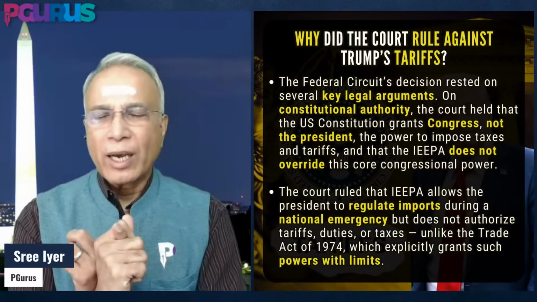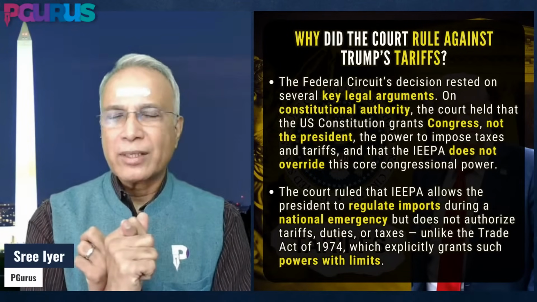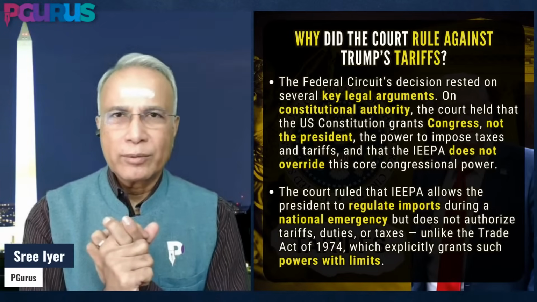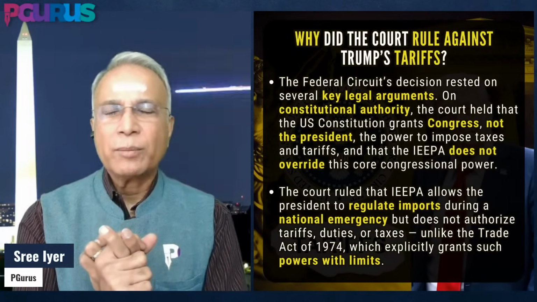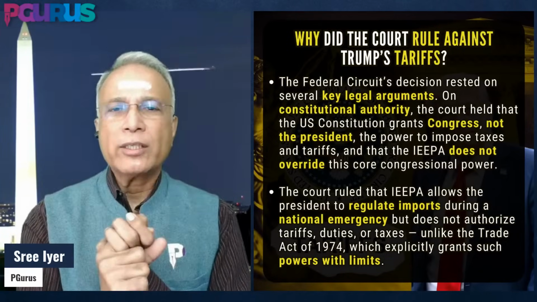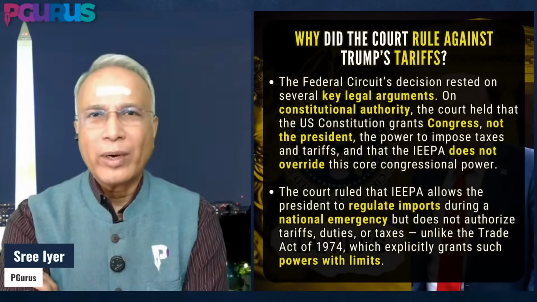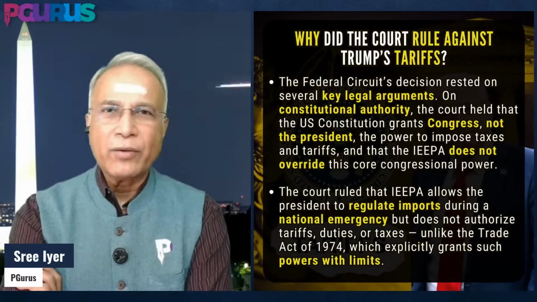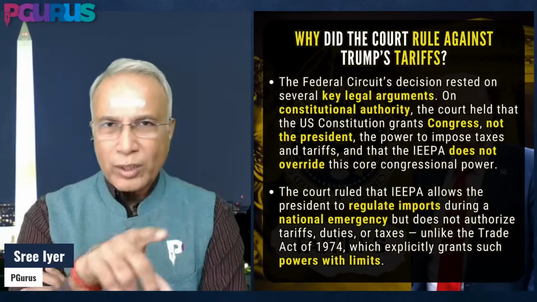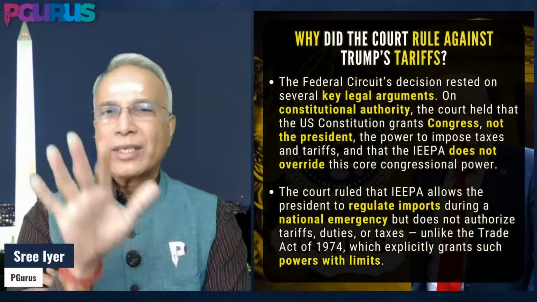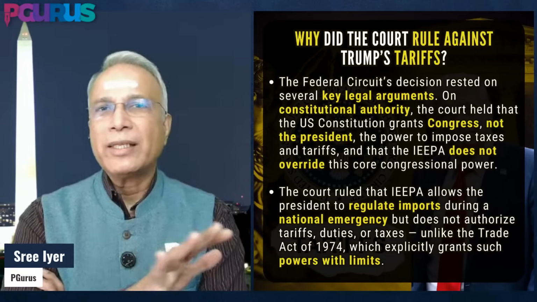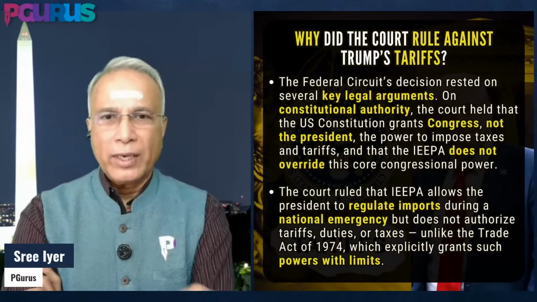The Congress is the one that appropriates money for various initiatives. The Congress is the one that sanctions the president to go to war with other countries. Same way, the Congress is the one that has to decide whether a tariff should be levied across the border on many countries. So this is what the court is ruling. Remember, viewers, again, this is an appeals court that is saying that. It doesn't mean that SCOTUS will agree in the same way.